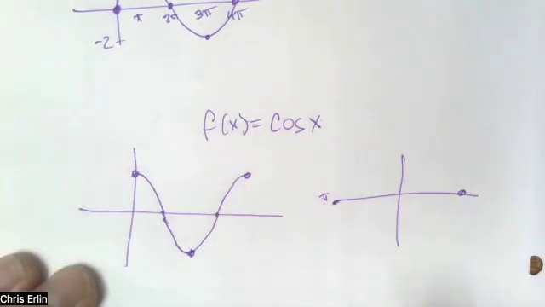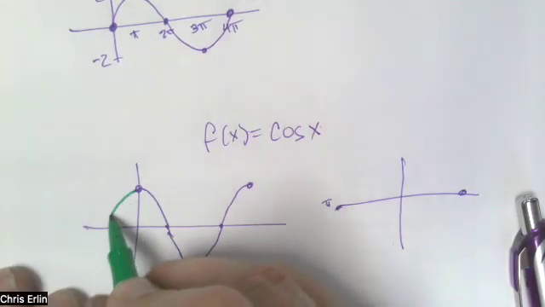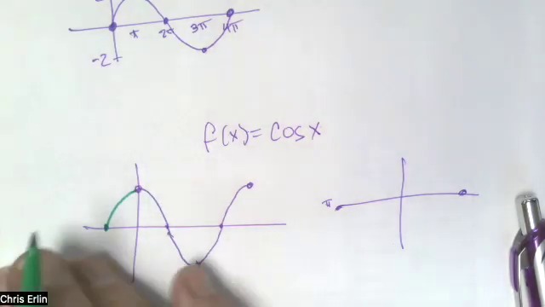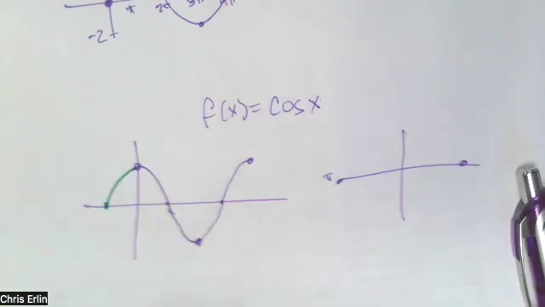So the cosine has the same shape, but it's really kind of shifted, isn't it? It's like it's the sine curve shoved over to the right, pi over 2.